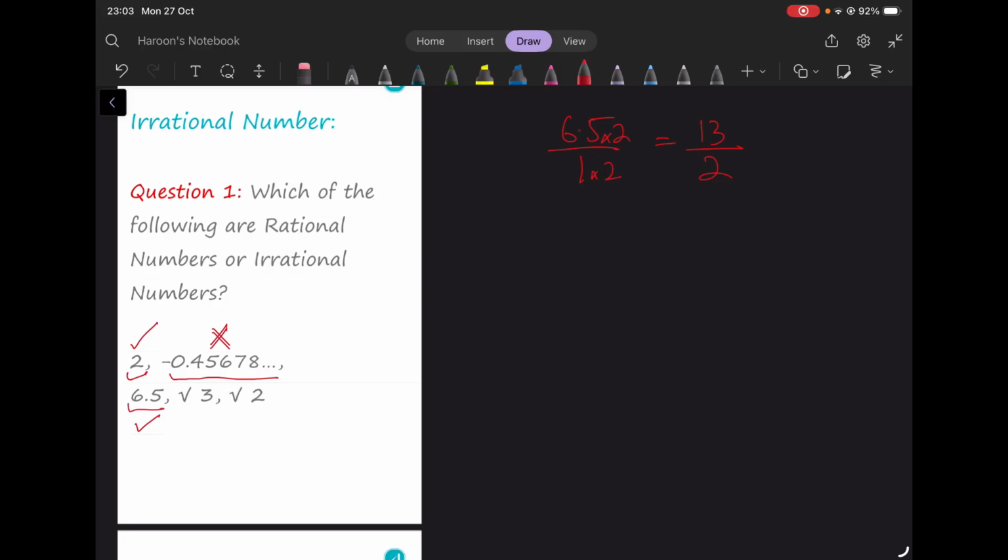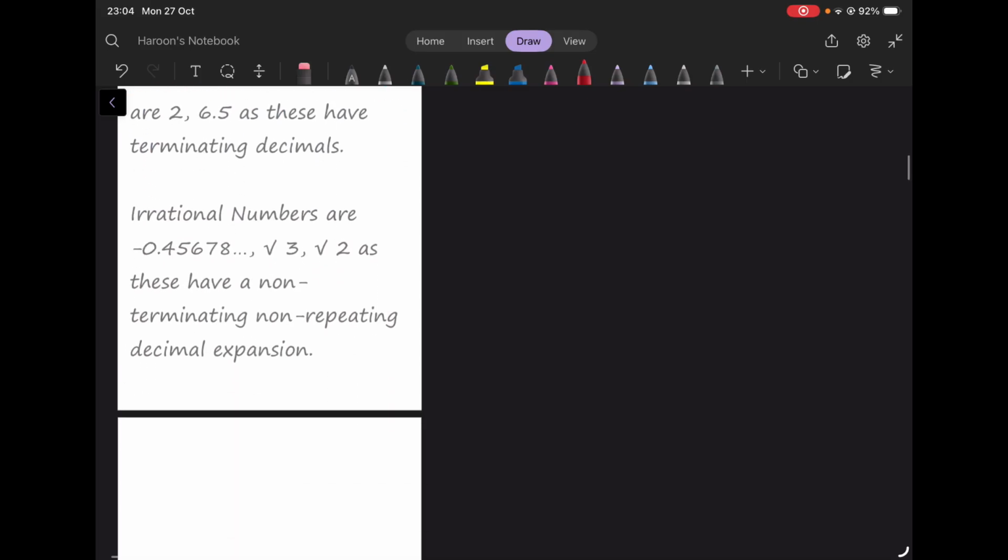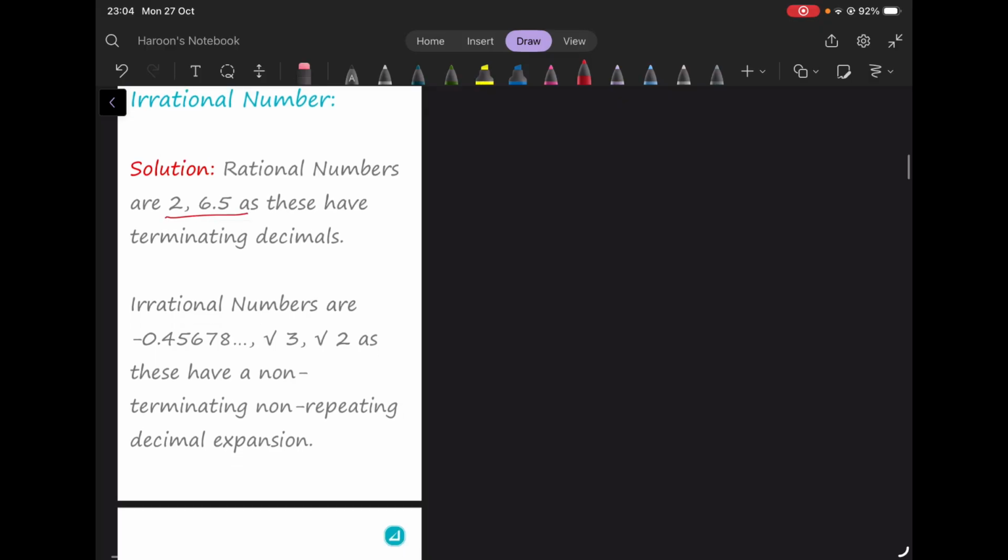So this would be a rational number. And this is square root of 3, square root of 2. These are non-square numbers, and all non-square numbers and their square roots basically would be irrational. So the only irrational numbers that we have are the square roots of 3 and 2 in this example.